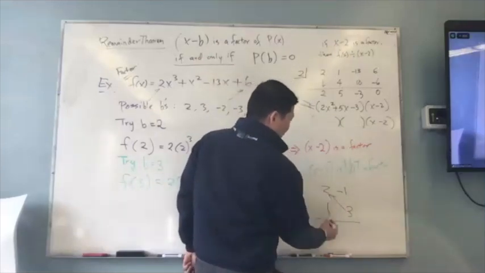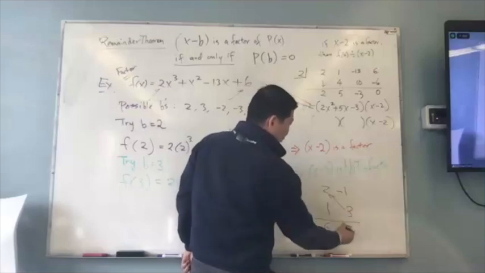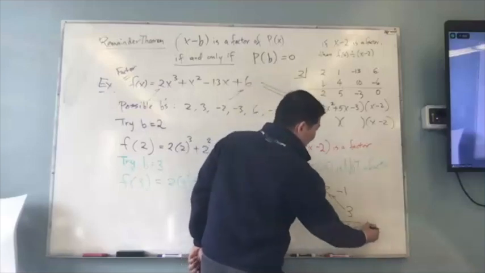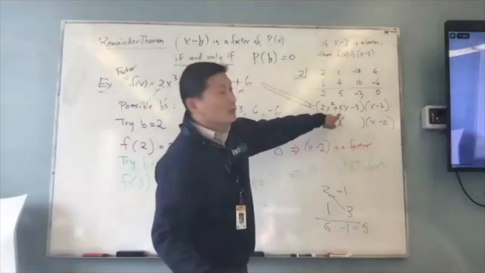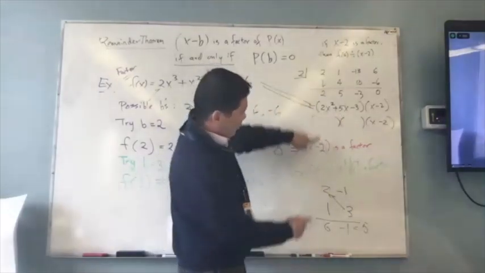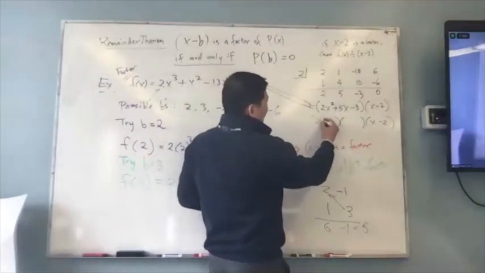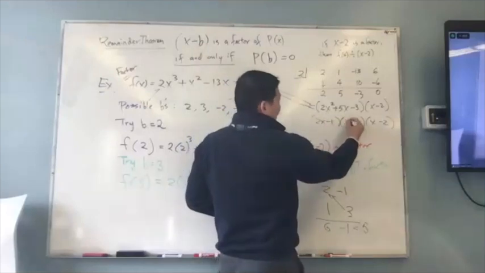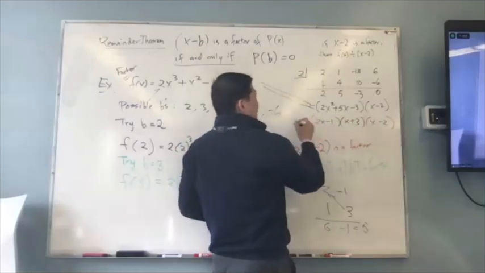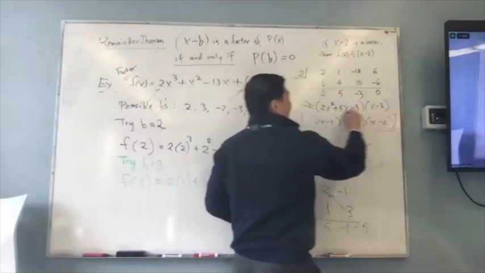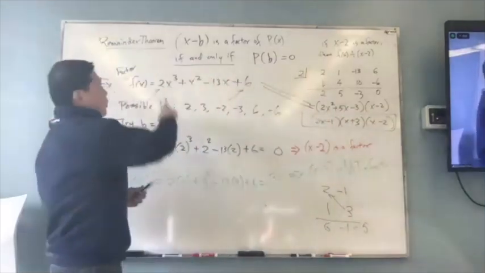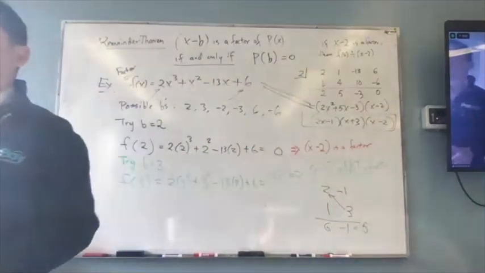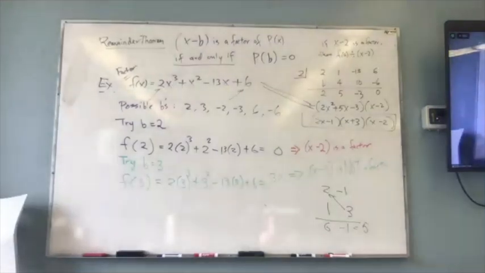So 3 times 2 is 6. 1 times 1 is negative 1, gives you positive 5, which gives you the 5x. So I have 2x minus 1, x plus 3. Whoa, I just factored out the whole thing.